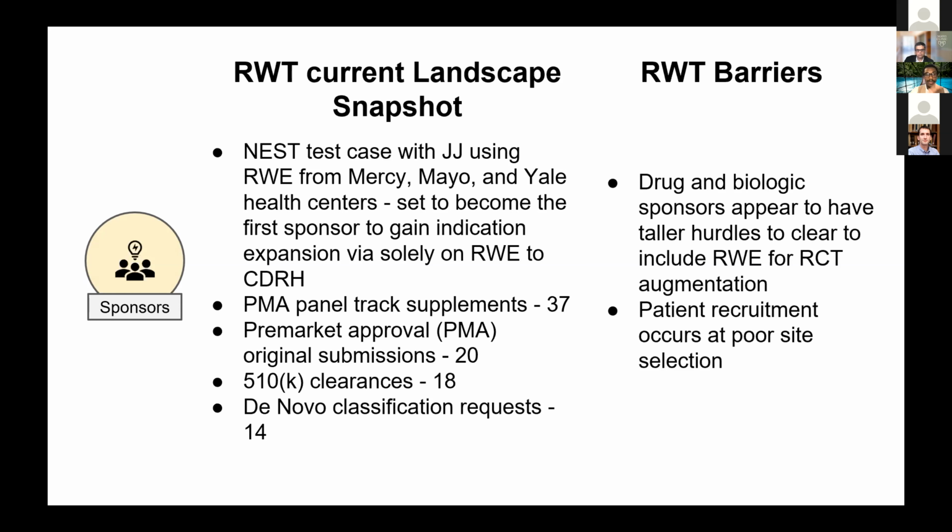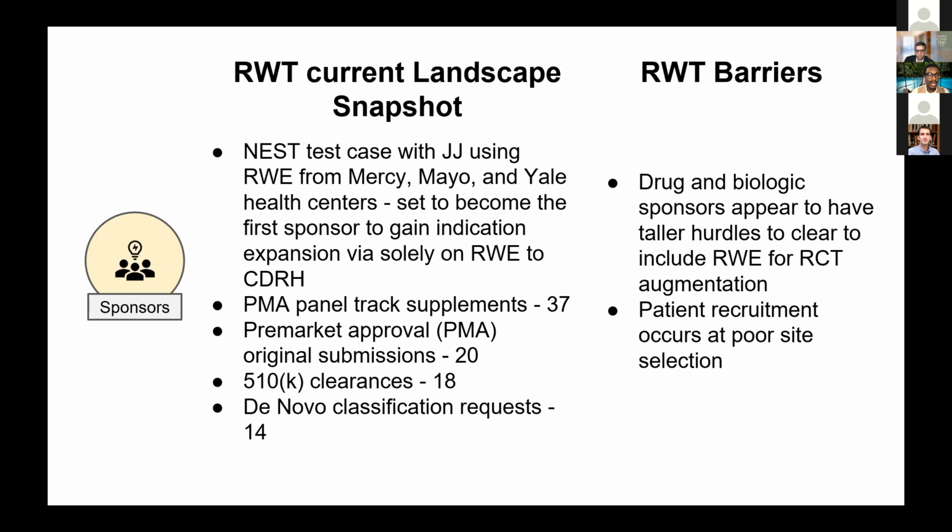From that work with NEST and these collaborators with the health centers, with having the data, they're set to become the first sponsor to gain an indication expansion solely using real world evidence, submitting it through the CDRH agency. Those numbers there are basically showing the numbers of sponsors approvals based on using real world evidence to gain approval for their indications.